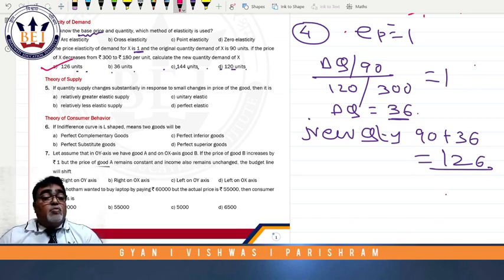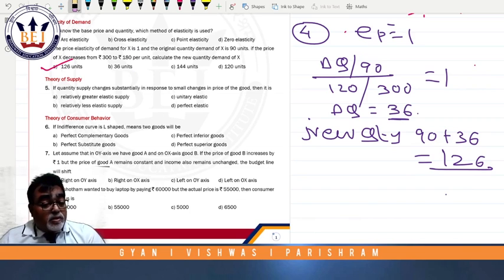My dear students, once more: when you see this sum, you may think we can apply the total expenditure method in a simple way. But after applying it, advanced students are left with a value that is not among the options. So what is our way out? The plain percentage method.